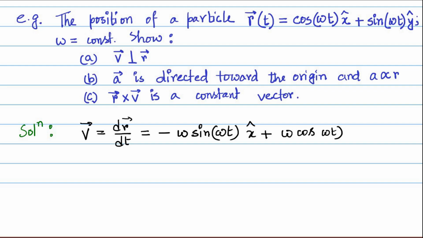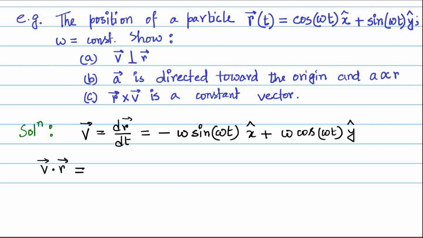Now we'll simply have to calculate the dot product v dot r, or r dot v. And if they are perpendicular, then of course what we should get as a result is 0, because two vectors which are orthogonal to each other have 0 dot product.